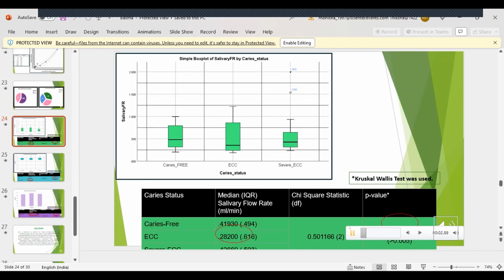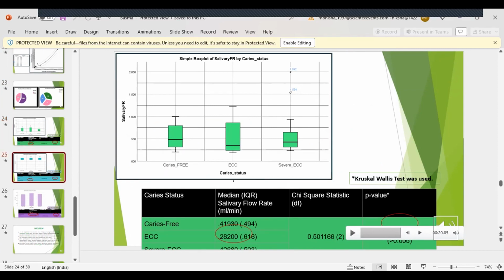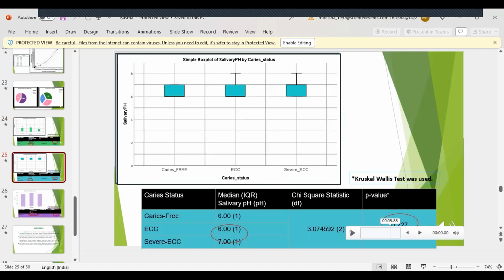From the results, we can see that salivary flow rate is higher in the median in severe early childhood caries cases, and we can compare it to the salivary pH.